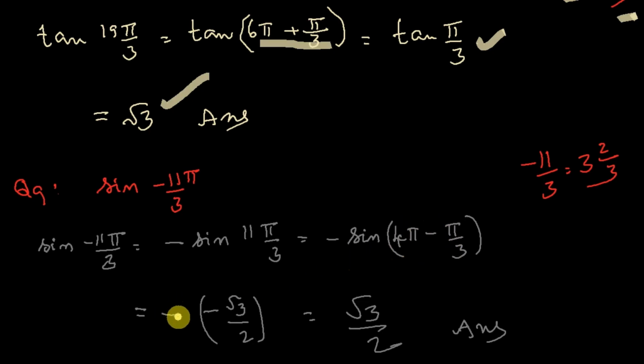So minus of sine 4 pi minus pi by 3, this comes back to the fourth quadrant. It's pi by 3, so minus of minus root 3 by 2 is root 3 by 2. That is question number 9 completed.